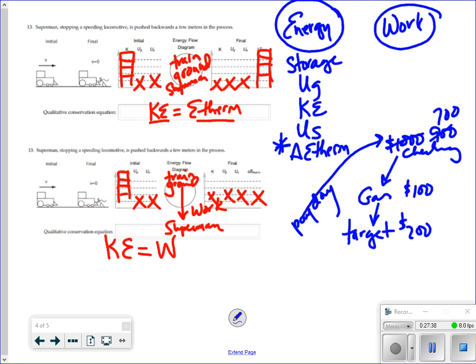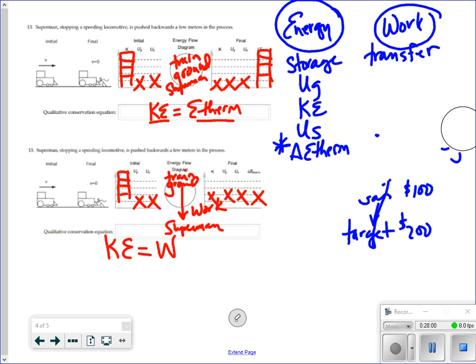So you're putting money in via getting paid. You're withdrawing money and losing it to all these other places that need your money, like the grocery store and the gas station and whatever. This is a transfer mechanism. That's what work is all about. Work is all about either adding energy in or taking energy away. Okay?